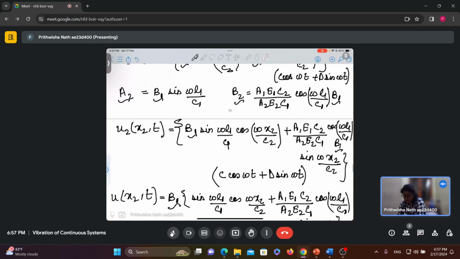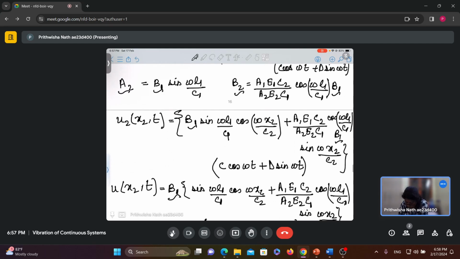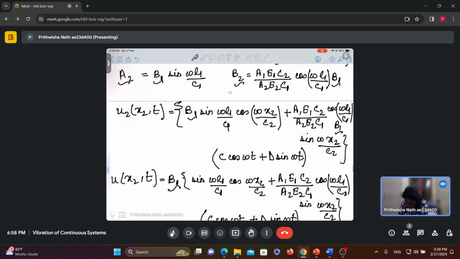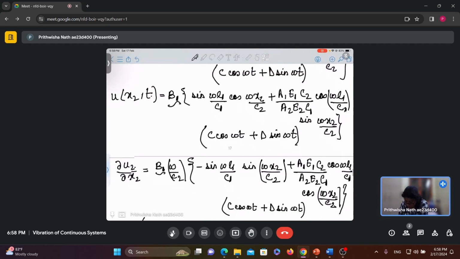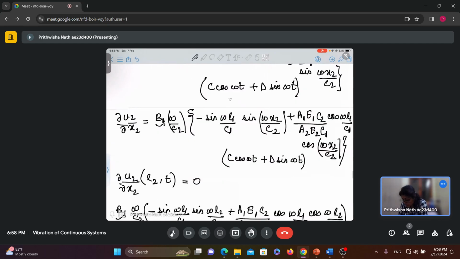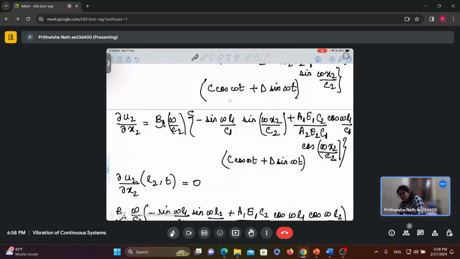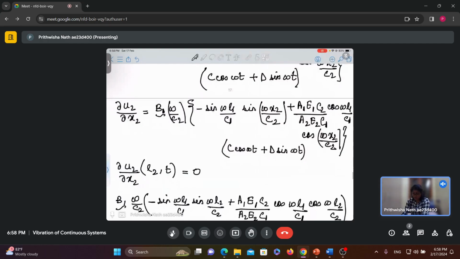So this is the final equation which I get after substituting. Now again I differentiate this U2 expression with respect to x2. So this is the final equation which I get after differentiating. This should be equal to 0.